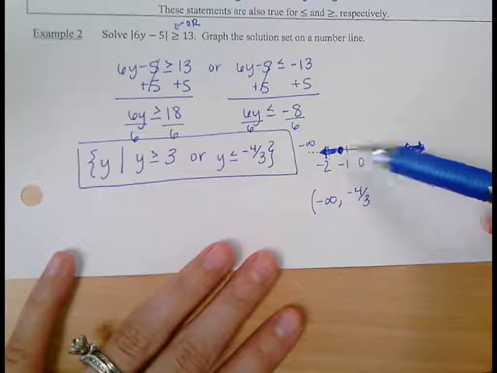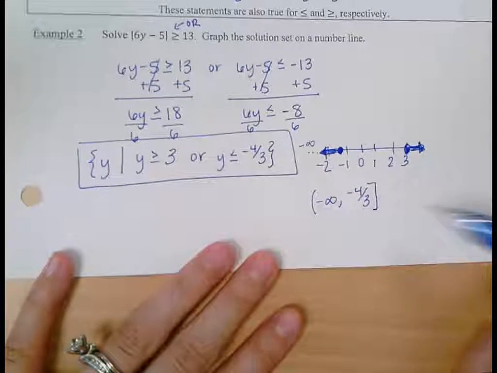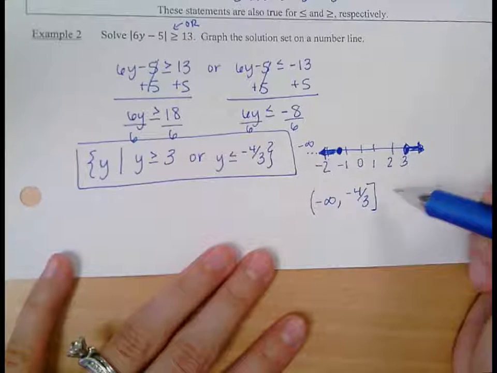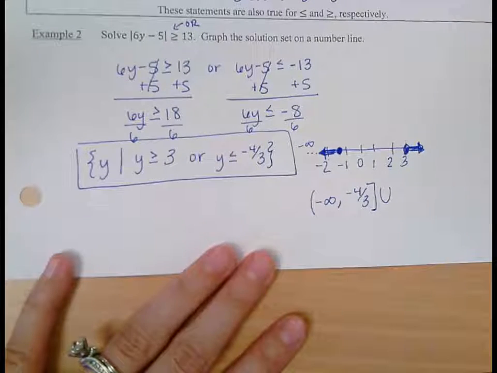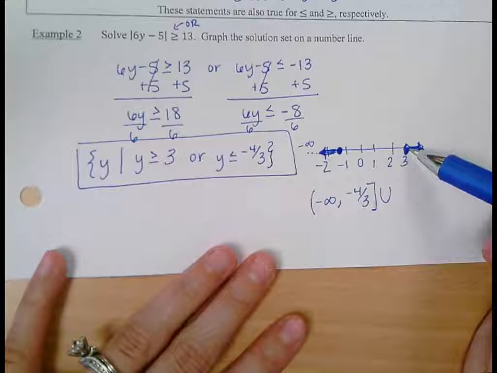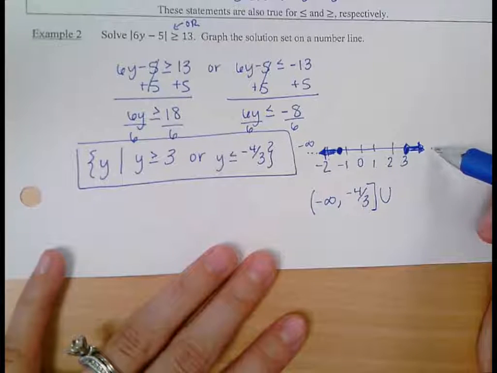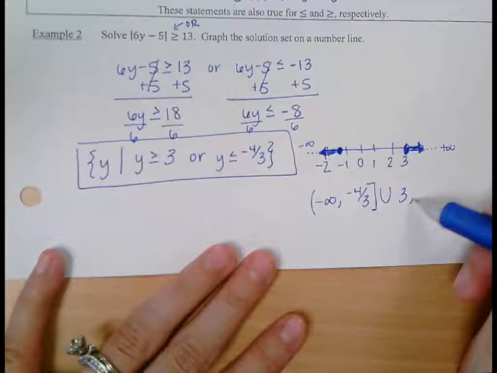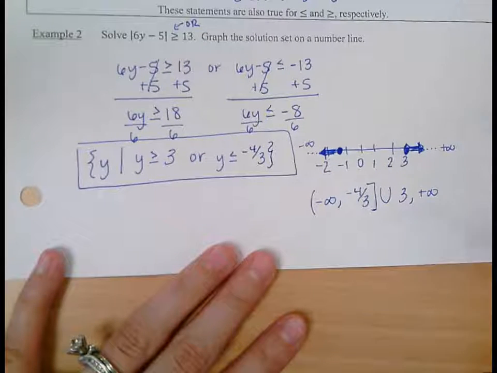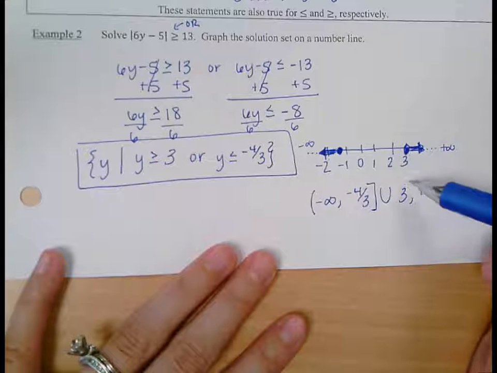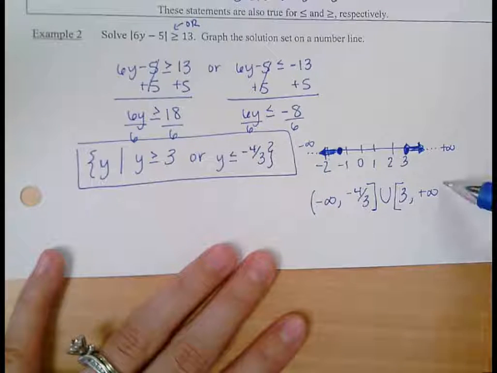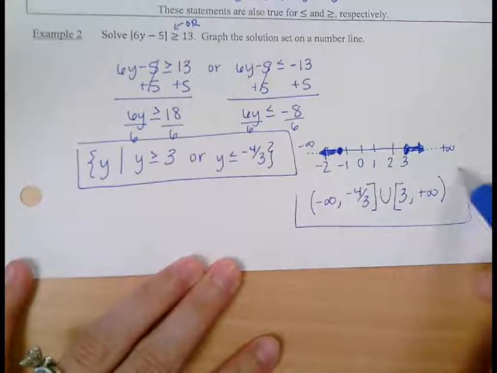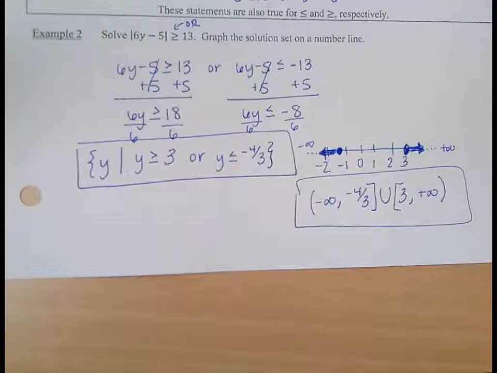Negative 4/3 is going to have the bracket. It's included. It's a dot. It is a solution. Join them with the union symbol. And then the next interval starts at 3 and extends up to positive infinity. So 3 to positive infinity. The 3 is included, so it gets a bracket. Infinity gets a parenthesis. So this would be interval notation for example 2.